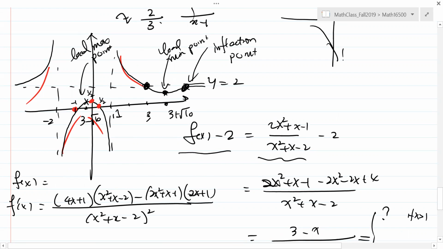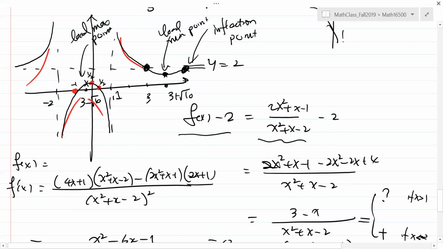Yeah, on the right side of the local minimum point, 3 times square root 10. Okay, it's not easy to find the zeros of this function, but we can try 7 or 8, some numbers like that. Okay, I will not continue, but as you see, I show you, yeah, in many cases you can solve for the zeros of the second derivative.